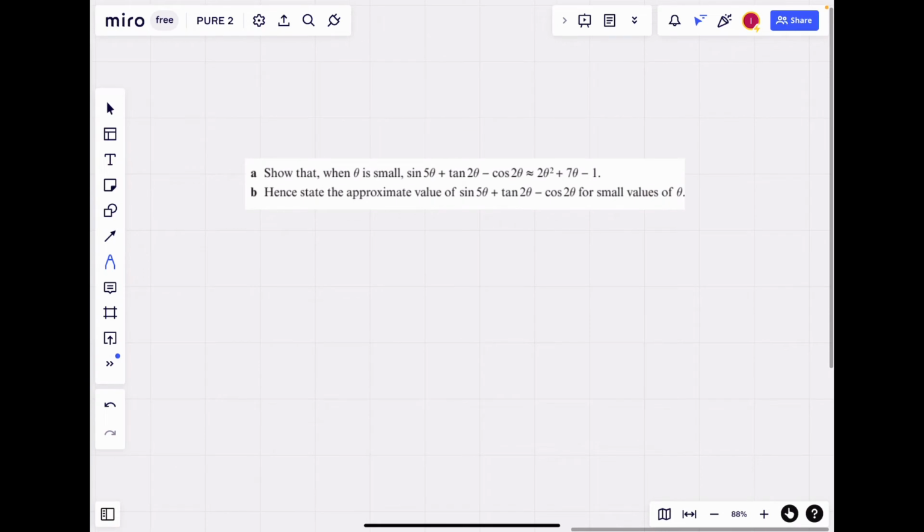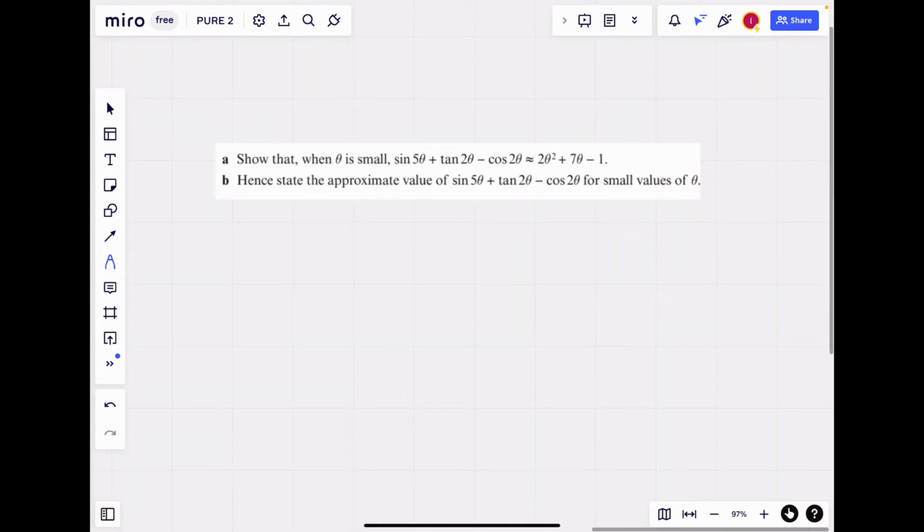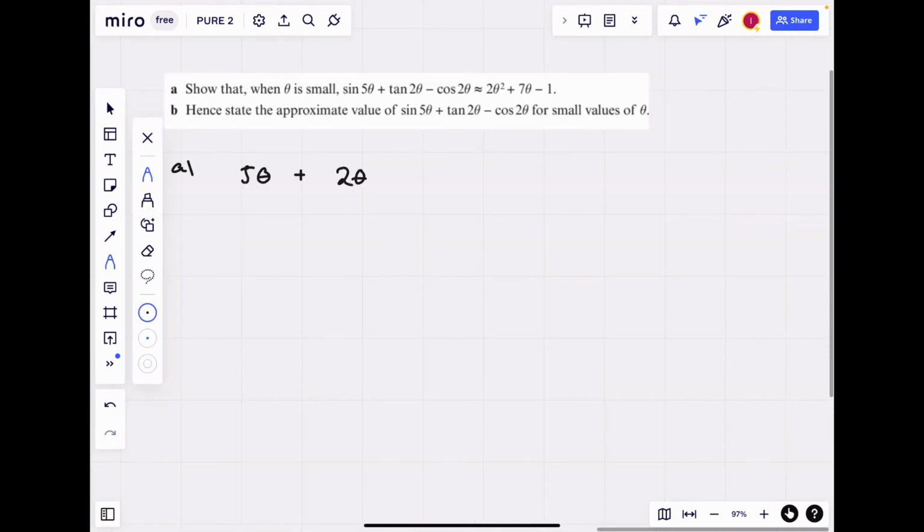Okay. Now that you have a better idea of it, can you try part A for me, please? So our approximate for sine theta is theta. So for sine 5 theta, it's going to be 5 theta plus 2 theta, and then minus bracket 1 minus 2 theta all squared over 2.